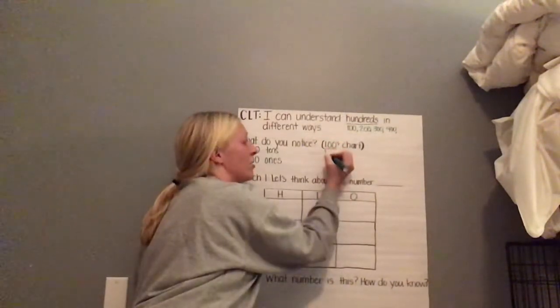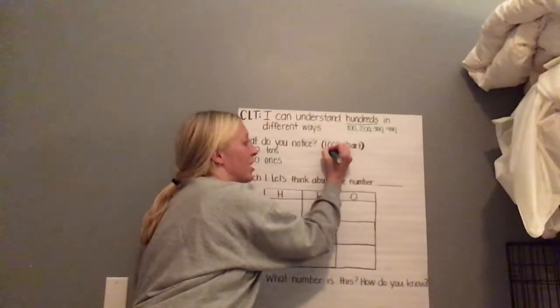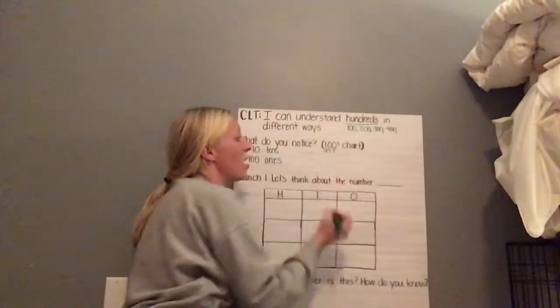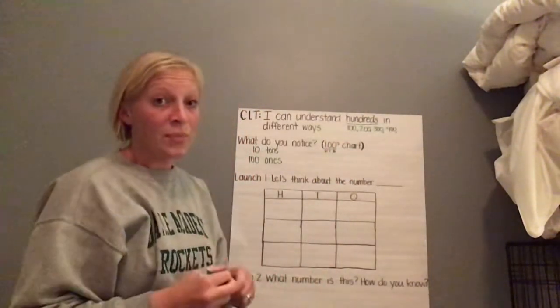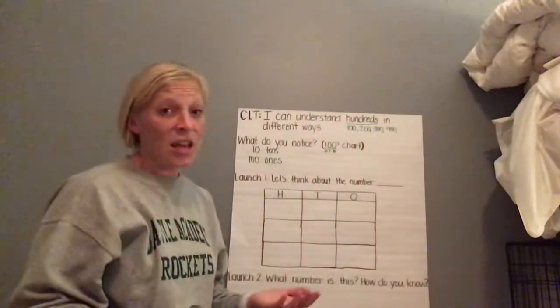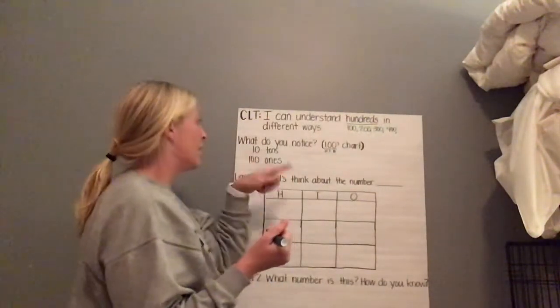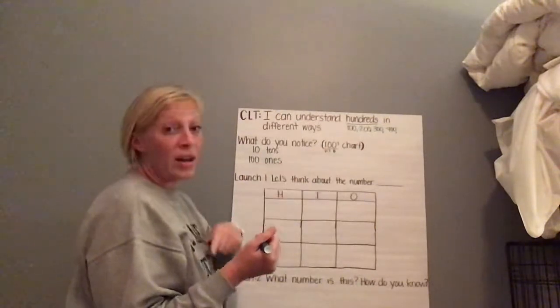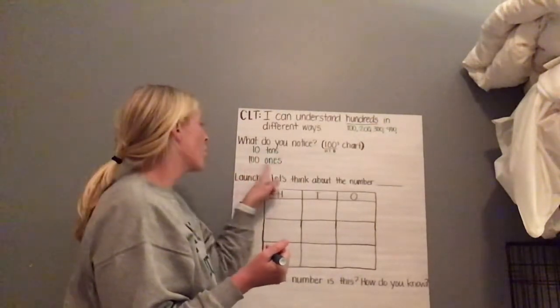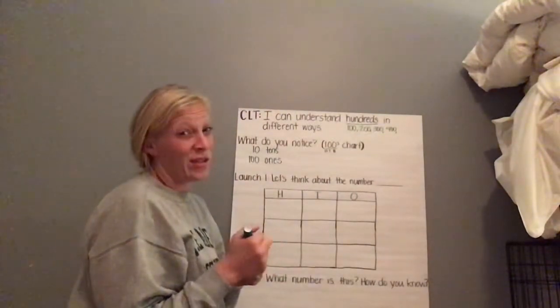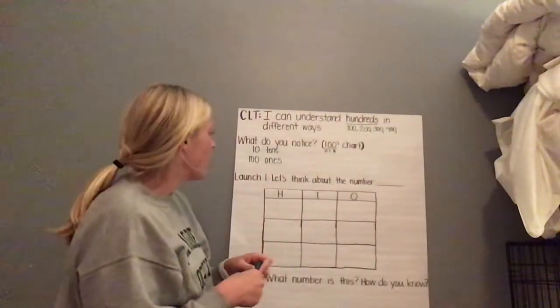It has 0 tens and 0 ones when it's all together, okay? Now, I have to tell you that we know that it is the same as 100, but it's also the same as 10 tens or 100 ones. There's different ways that we can show 100.